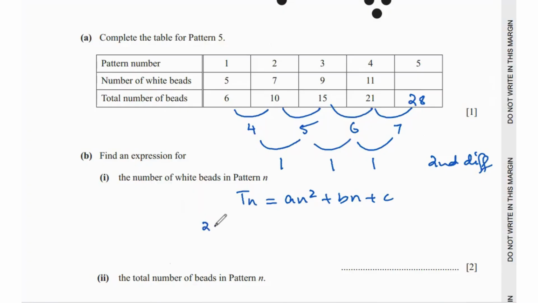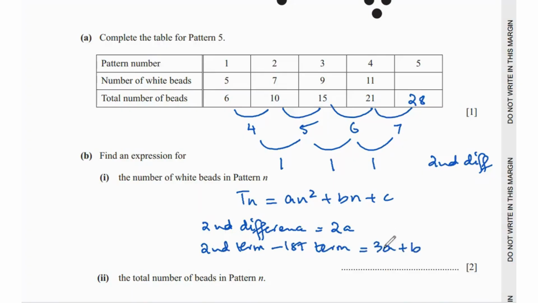Your second difference basically equals 2a. Your second term minus first term equals 3a plus b. And your first term equals a plus b plus c.